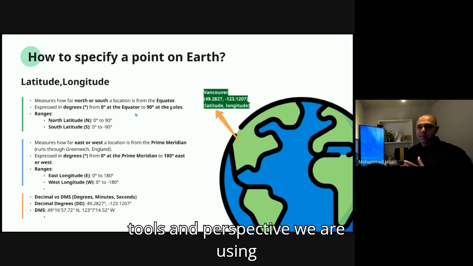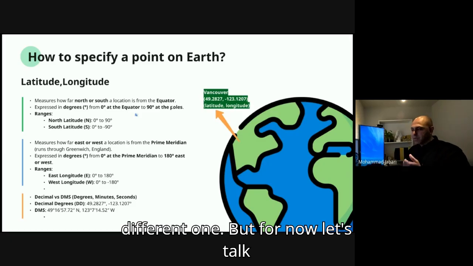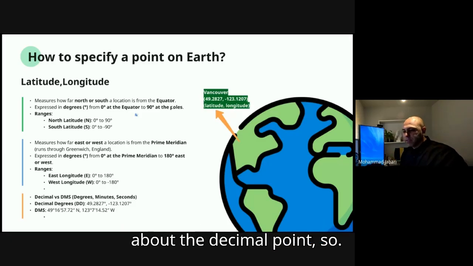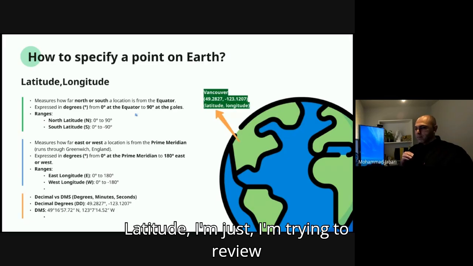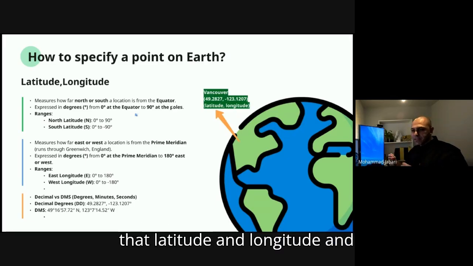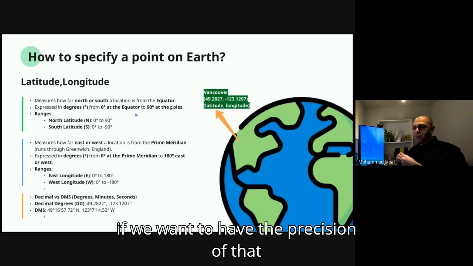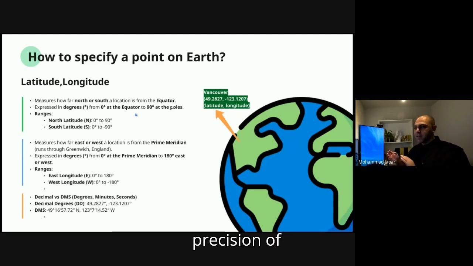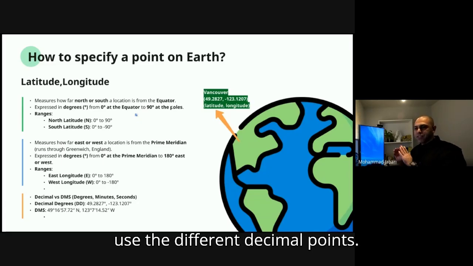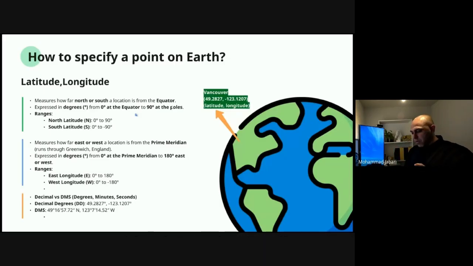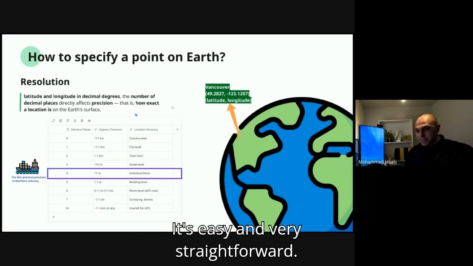In different tools and perspectives, we use different ones, but for now, let's talk about decimal points. So latitude and longitude, and if we want to have the precision of a location, we use different numbers of decimal places. It's easy and very straightforward.